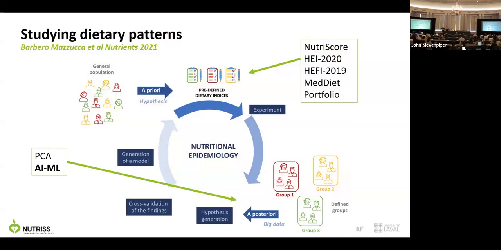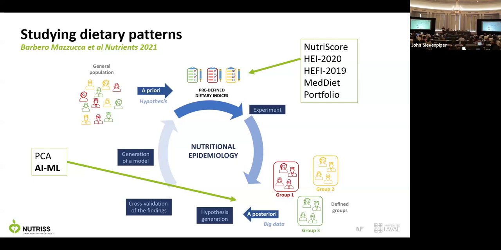So there are different ways at measuring dietary patterns. You can use a priori approaches where you basically have scores and you score the diet according to these metrics that you have decided a priori, a med diet score or healthy eating index score. So you just decide how to use the data.